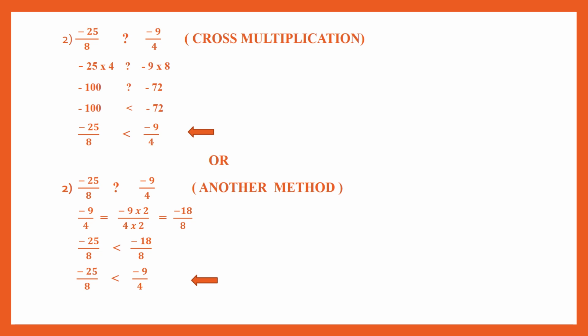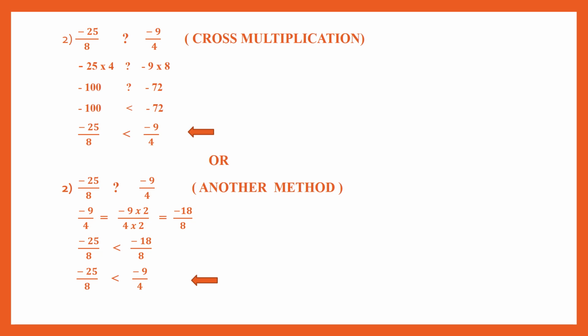So minus 25 upon 8 is lesser than minus 18 upon 8. Now, minus 18 upon 8 was nothing but minus 9 upon 4. So, we write the question back again: minus 25 upon 8 is lesser than minus 9 upon 4. Once again, look at the arrows. Whether I use the cross multiplication method or this method, the answer is the same.